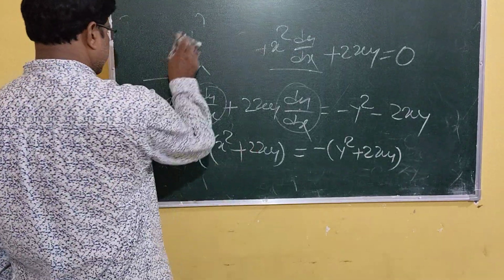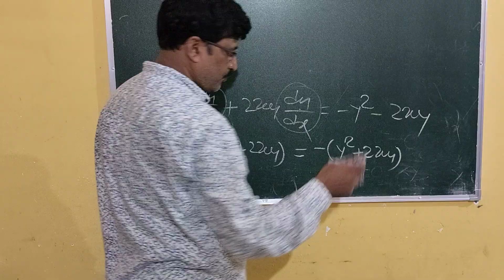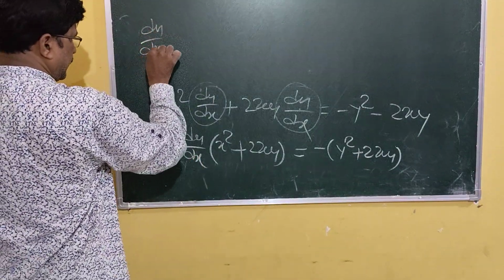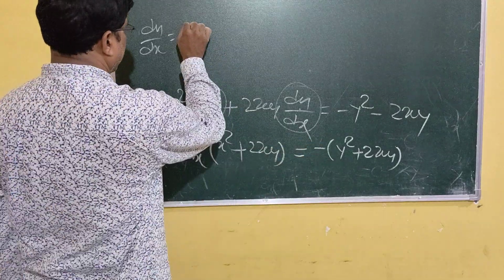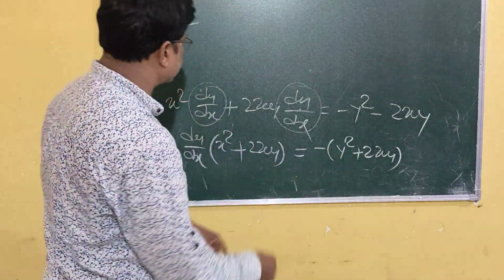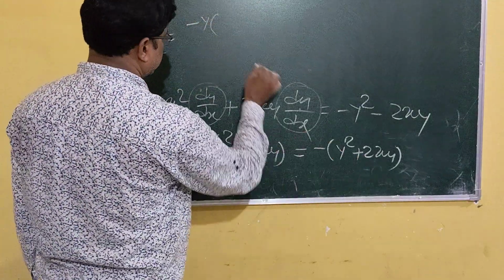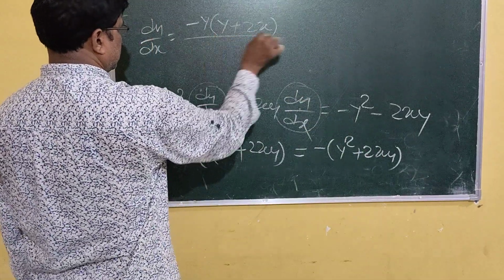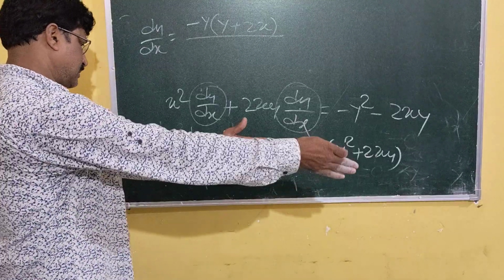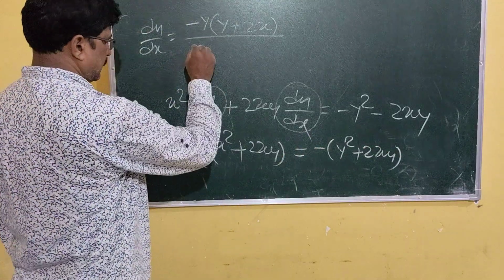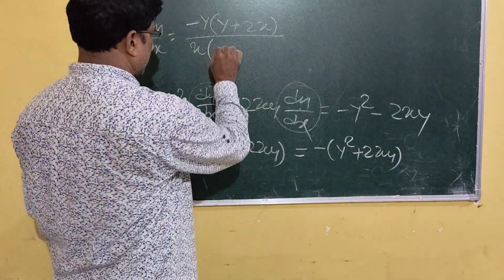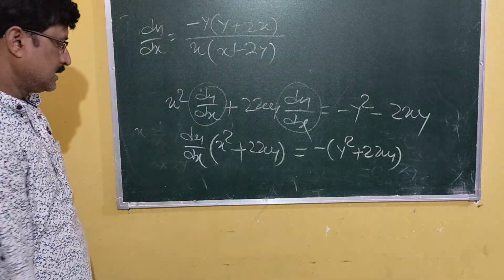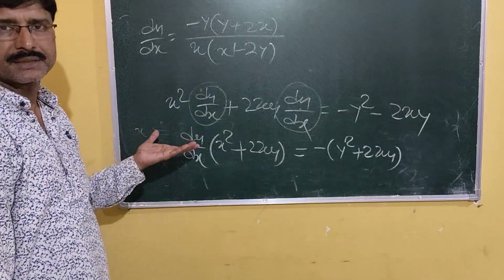So it becomes minus, taking y common, y times y plus 2x, and similarly taking x common on the left, x times x plus 2y. This is our dy by dx.